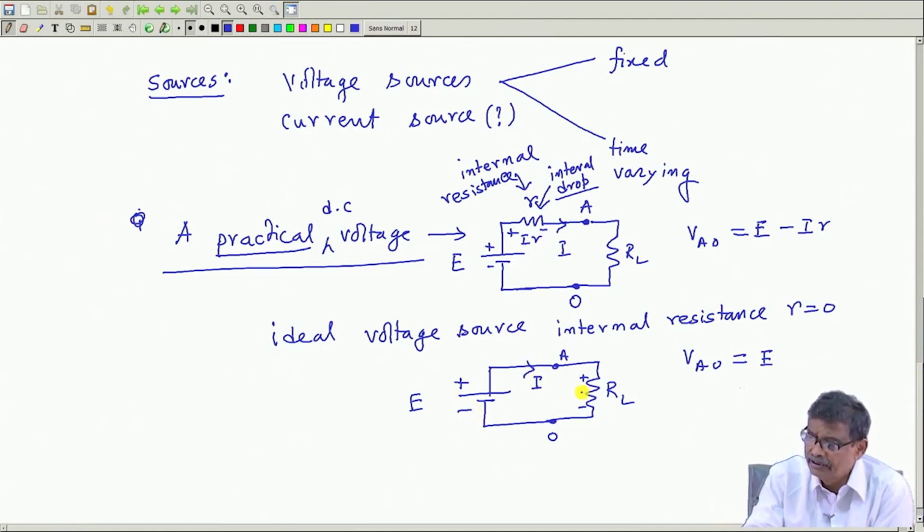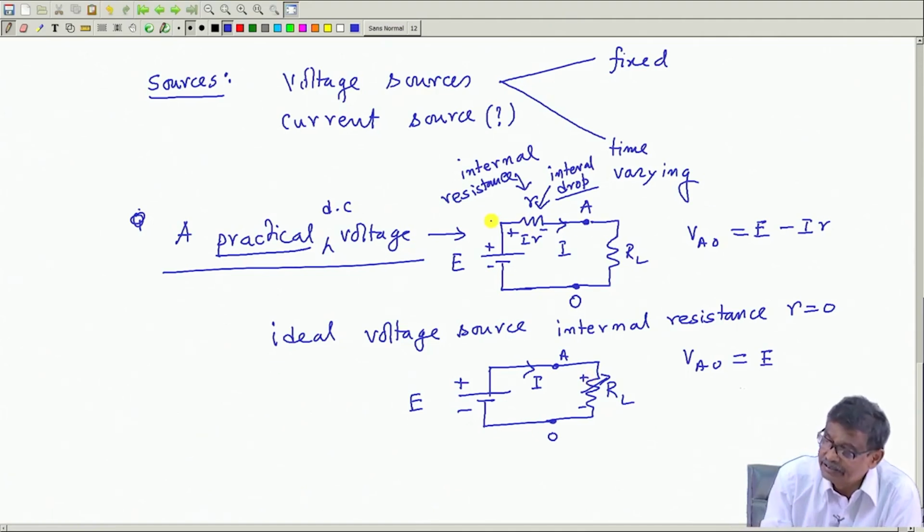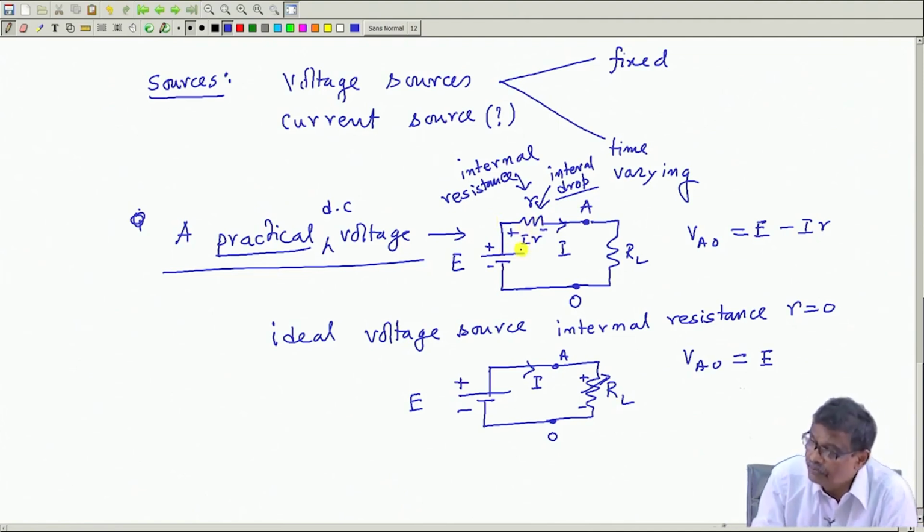You go on varying RL, voltage across the load will remain the same, always constant. But here with internal resistance there will be internal drop inside the battery, which is a function of current.